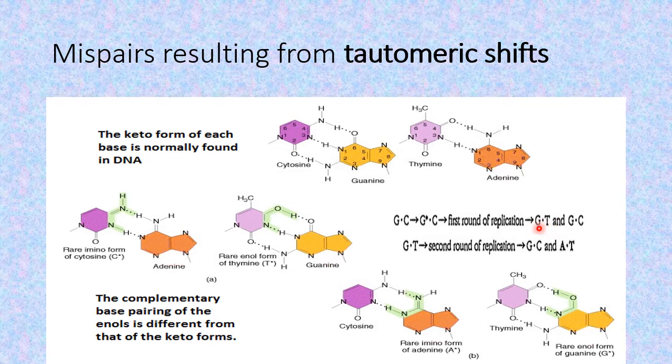So when this GT DNA undergoes replication, in one of the strands it will be guanine pairing with the regular cytosine. But in the other strand, this thymine will pair with adenine. So the initial guanine cytosine base pair is being replaced by the adenine thymine base pair.